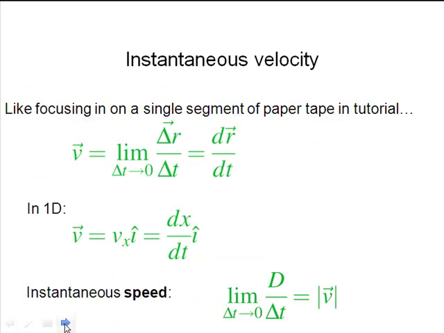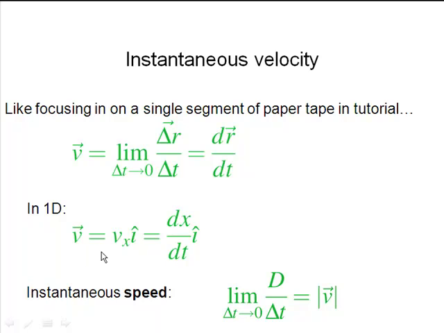Then if we wanted to do those instantaneously, we couldn't simply say that the change in time was 0, because then we would have 0 in our denominator. Instead, we took a limit as the change in time went to 0, as the change in time became very small. And we got the derivative, dr/dt, or in one dimension, dx/dt. So that was the derivative of position with respect to time that became the velocity.